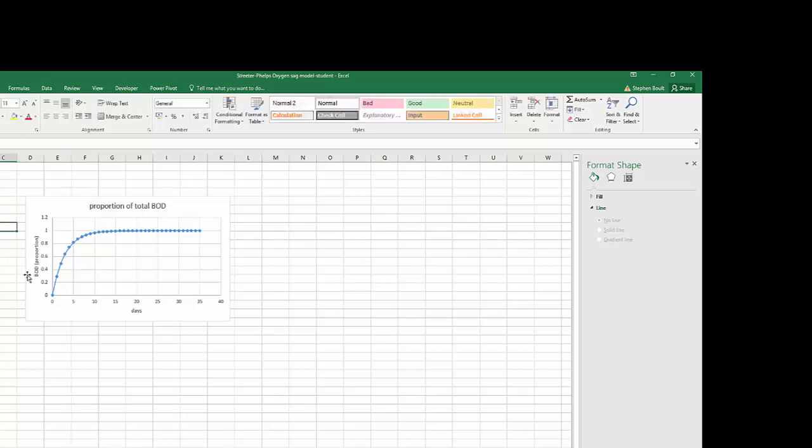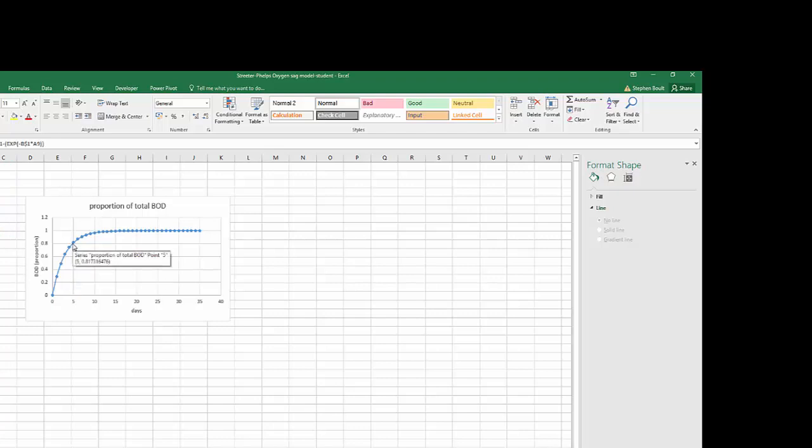You can see that the relationship shows that the rate of oxygen demand is highest to start with, which is when the concentration of BOD is highest, and then it slows down as the BOD decreases, and eventually you've achieved the full BOD. Our measurements are made at 5 days, so you can read up here to 5 days, and if you read across you can see that 82% of the BOD is used up in 5 days.